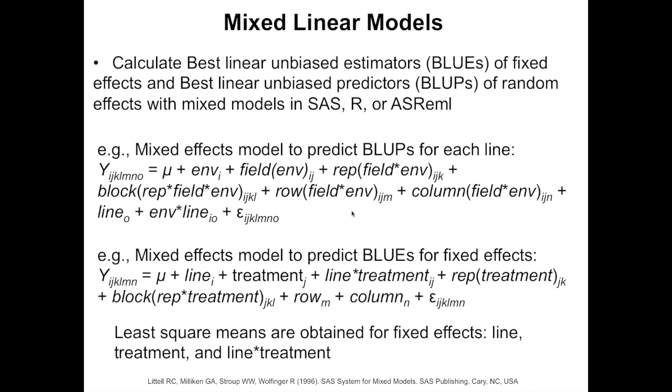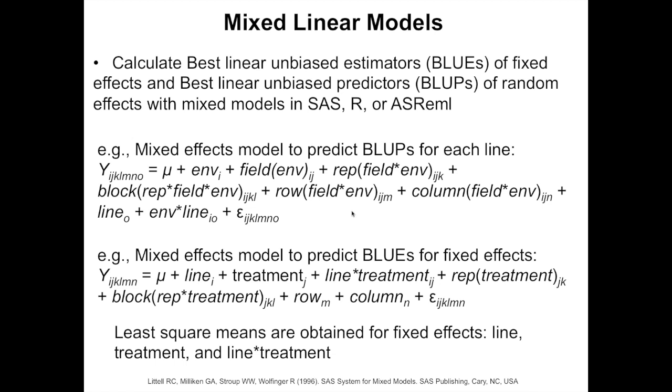That takes into account some of the environmental variation that may happen in the field that could be caused by soil. And we have a random error term for line, and then an environment by line interaction.